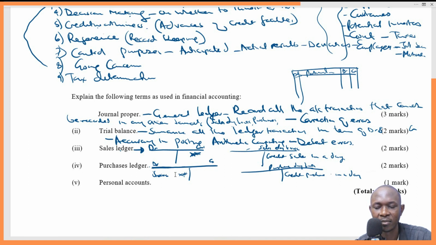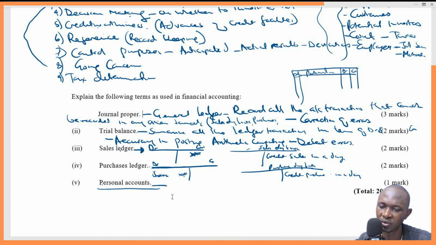A ledger must have the debit and credit side, and it's a book that basically records all the purchases that have taken place in a given period of time, mostly a month, whether cash purchases or credit purchases, and purchases are always debited in the purchases ledger account.